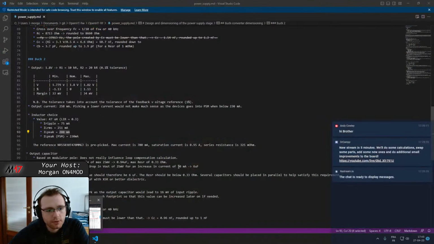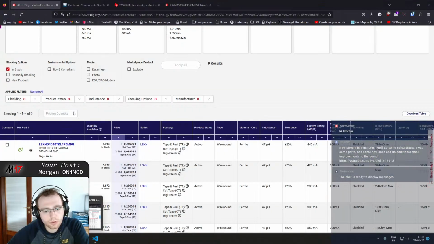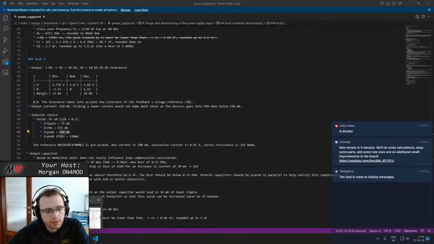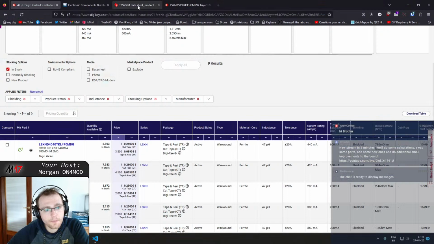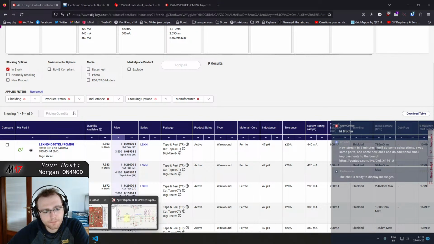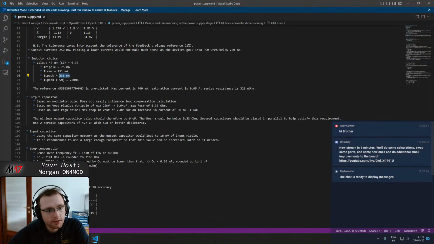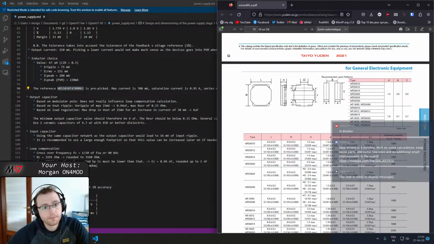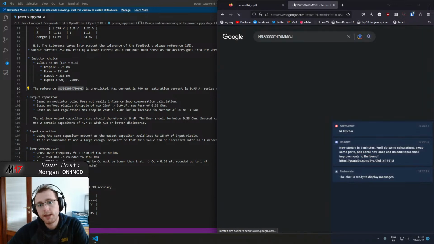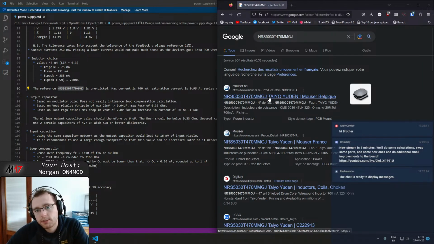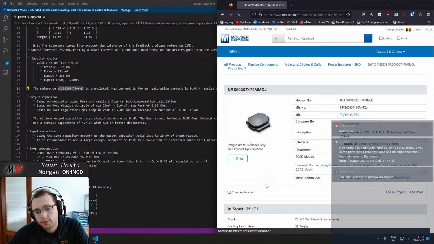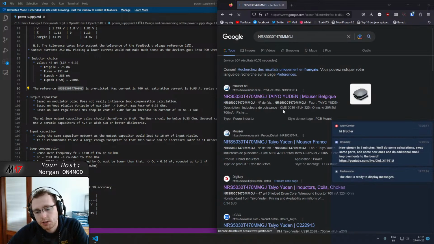The 1.8 volt is probably not going to be loaded more than it is. 3.3 might be, depending on what we add on the board. So I'm gonna copy the reference and look at its characteristics. But I think I may have to design a new footprint for that one. We will see how it goes.